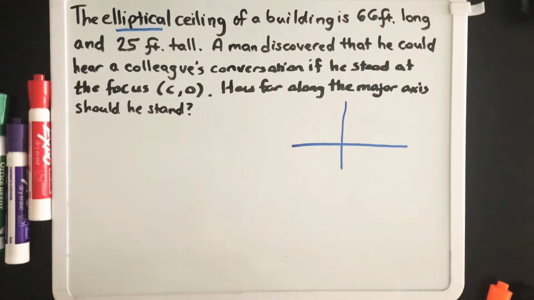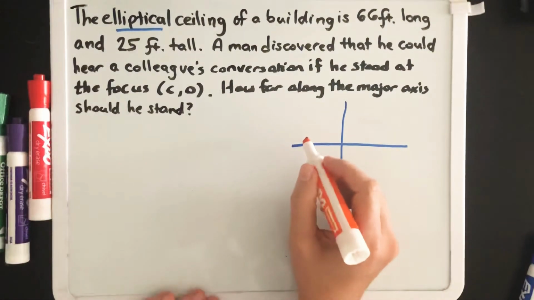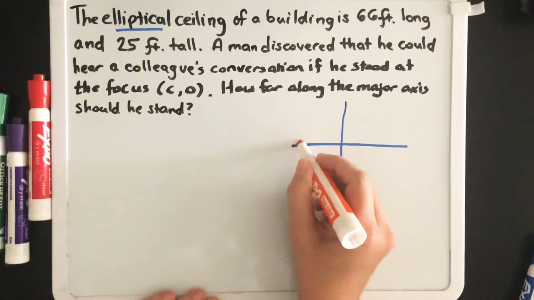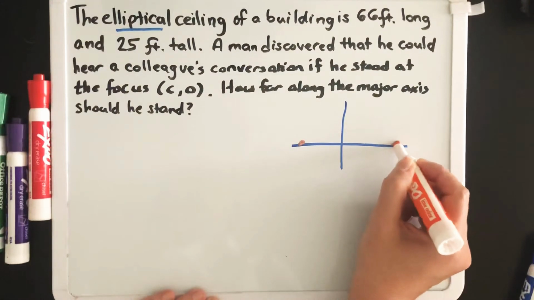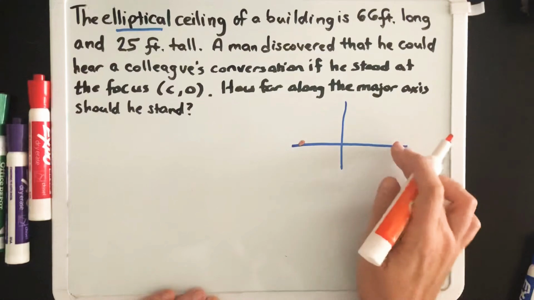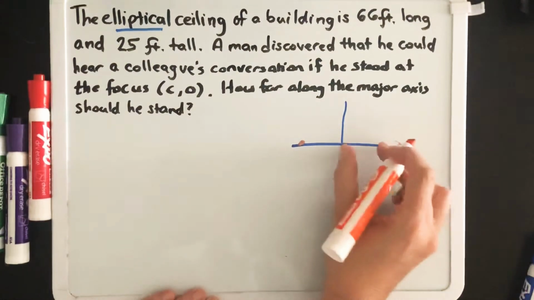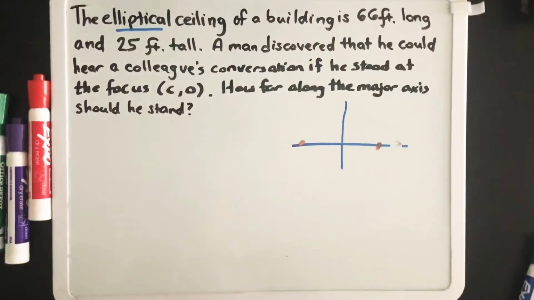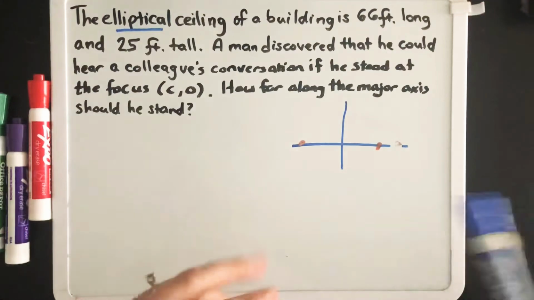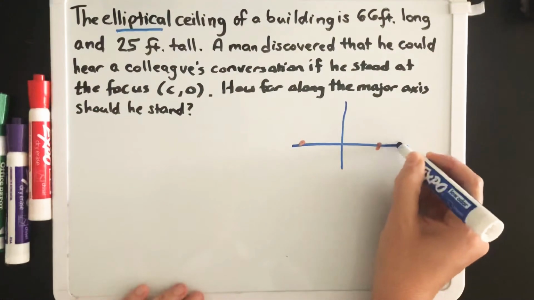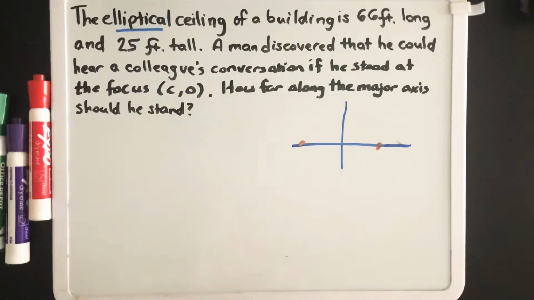They've told us that the elliptical ceiling of the building is 66 feet long. So if I were to place the ceiling endpoints here and here, let me make it a little bit better. If we have an elliptical ceiling, the total length of that ceiling, we're told, is 66 feet long.